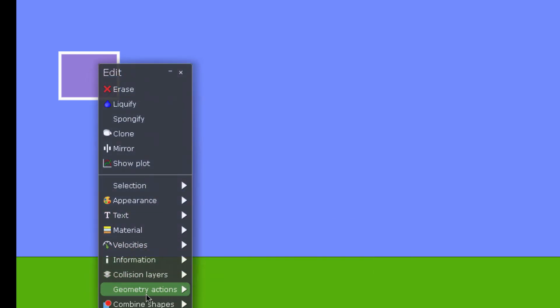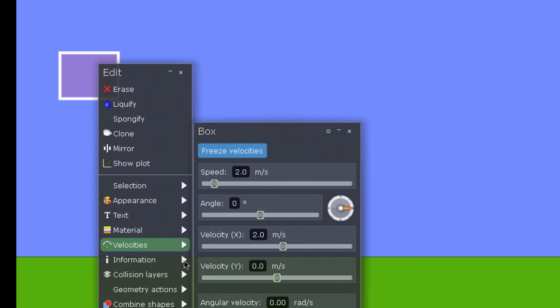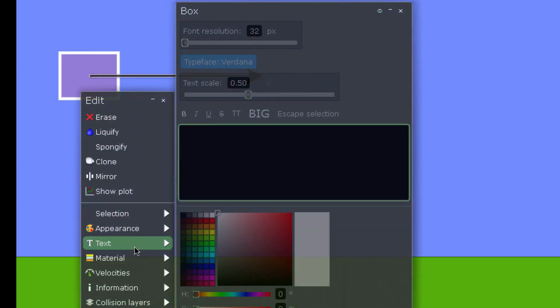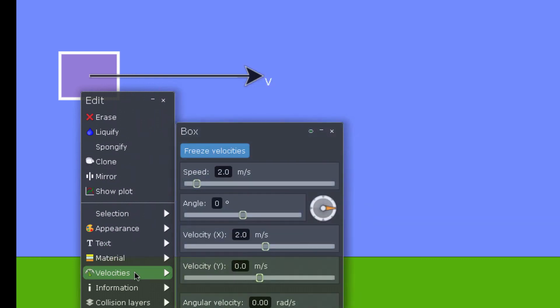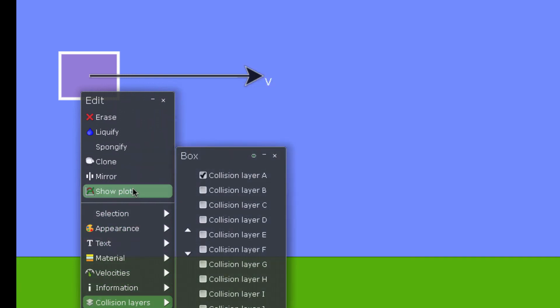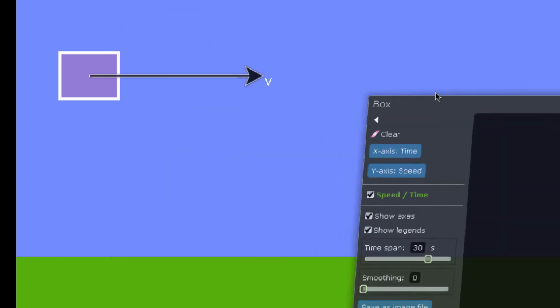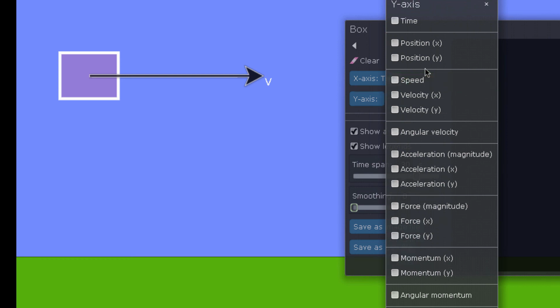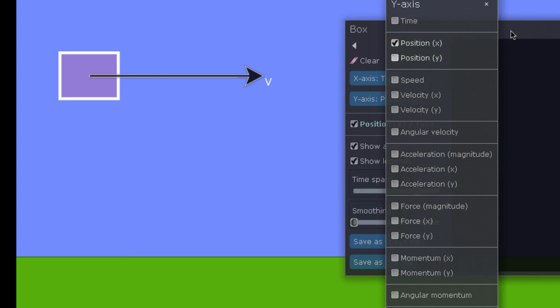It's been a little bit since I've used this, so I'm going to show it's going. And what else? I want to see a graph. And what kind of graph did we have before? We had a position time graph. So I'm going to add a position time graph. So that means my x-axis will be time, and my y-axis is going to be position.